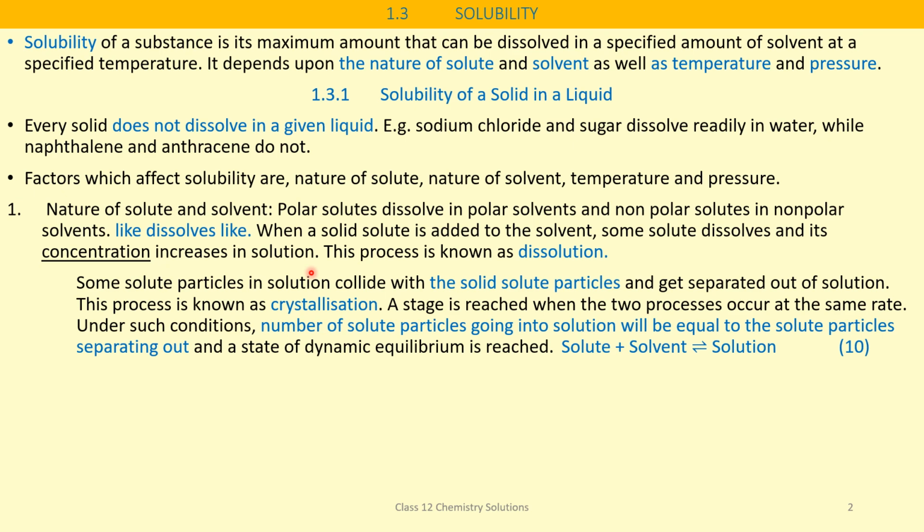This process is known as crystallization. A stage is reached when the two processes occur at the same rate. Under such conditions, the number of solute particles going into the solution will be equal to the solute particles separating out, and a state of dynamic equilibrium is reached.